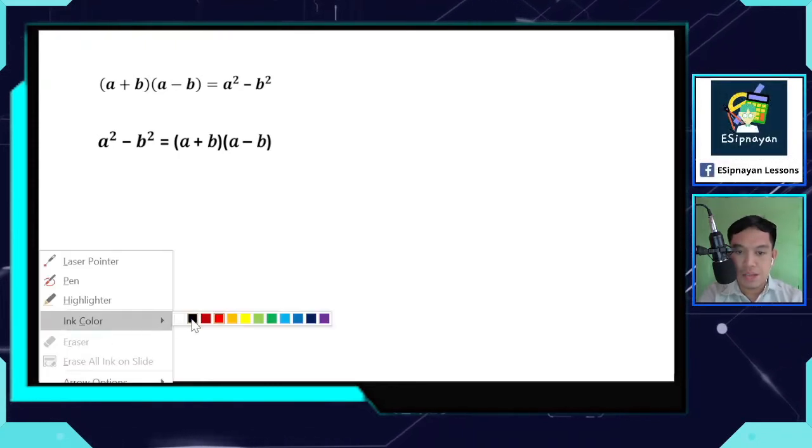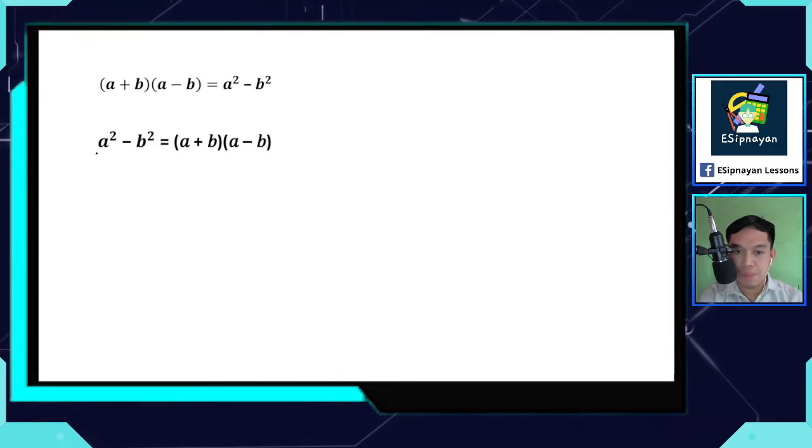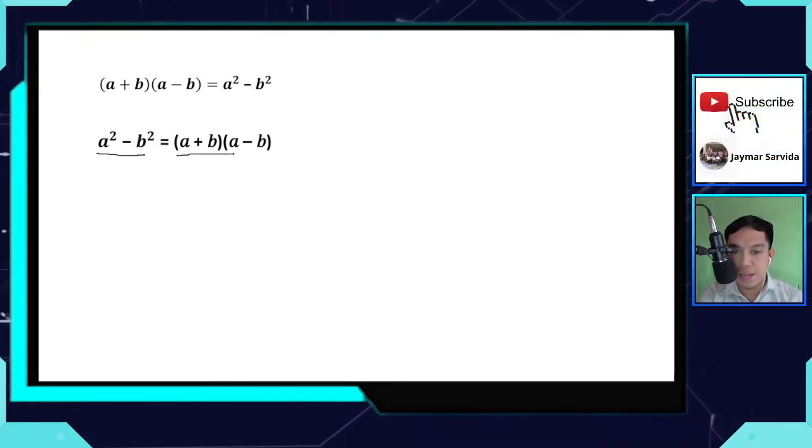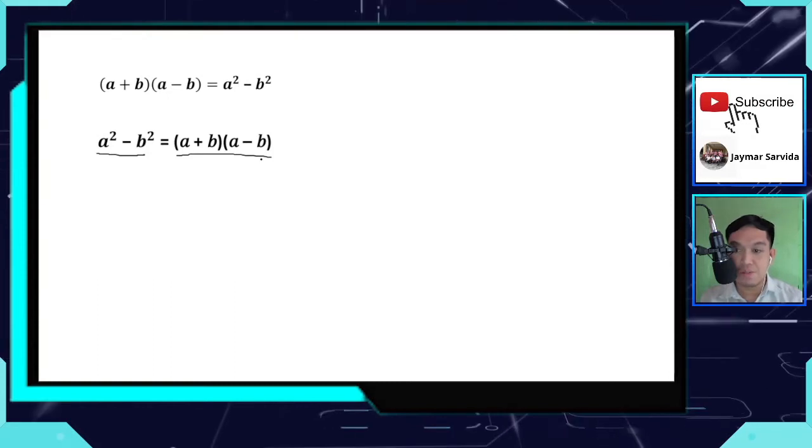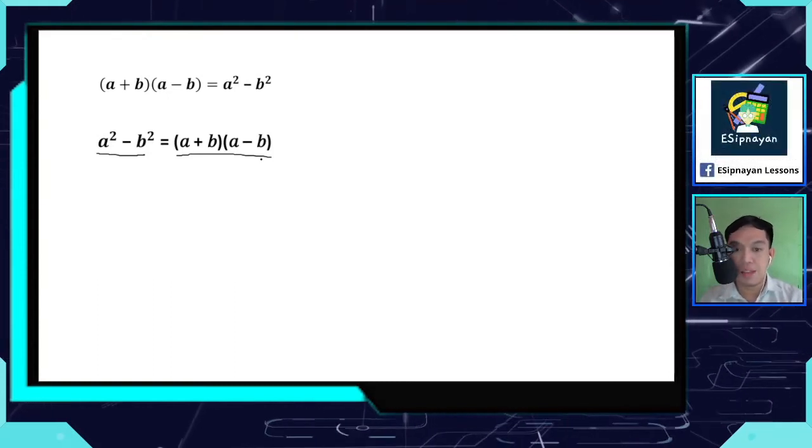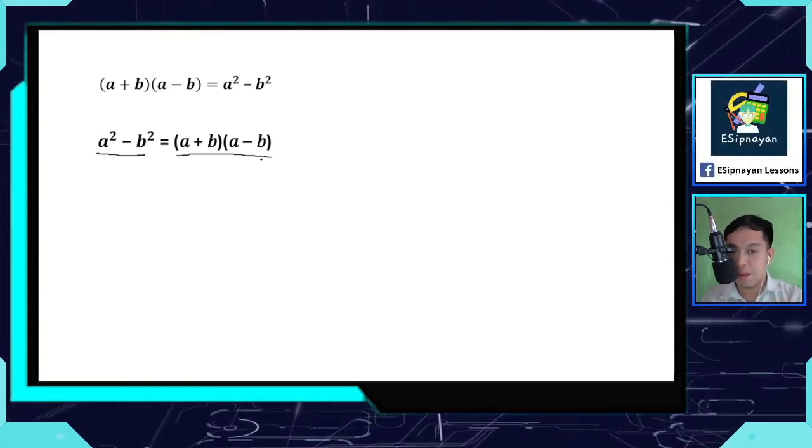Yung difference ng ating two squares ay ito. Then, ang kanyang factors ay ito. So, yan yung ating pattern sa pagpa-factor natin ng difference of two squares.